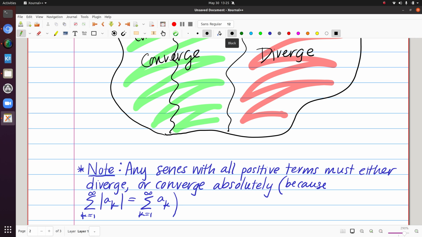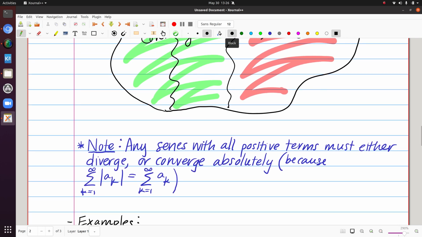And the reason is that if you take the sum of the absolute value of such terms, you just get back the same exact thing if every term is positive. So before we encountered negative terms, this wasn't a very interesting question because conditional convergence was impossible. But now that we consider series with negative terms, we can start to open up to that idea that we have two kinds of convergence.